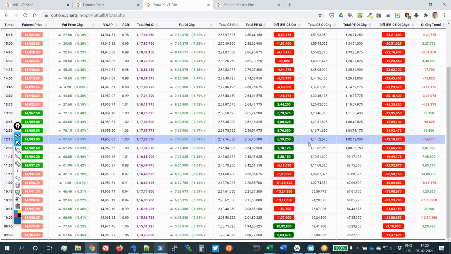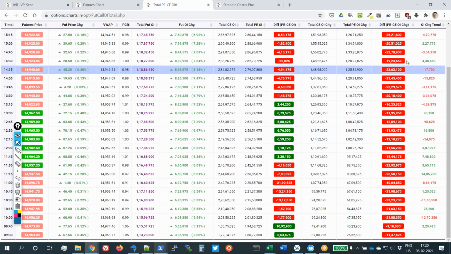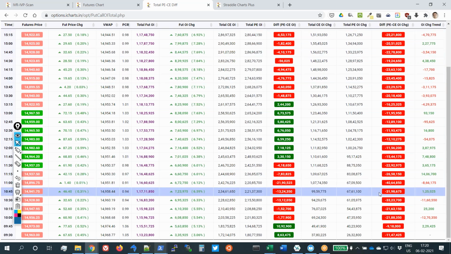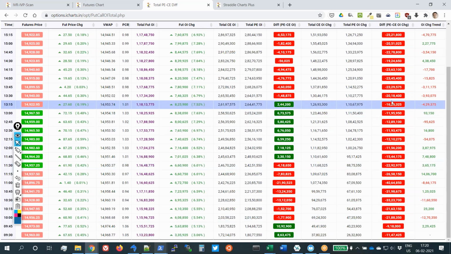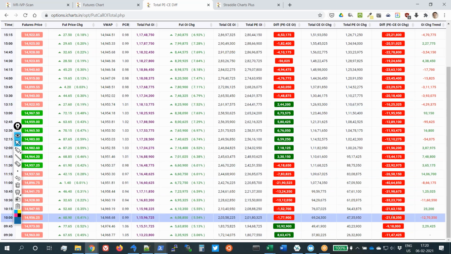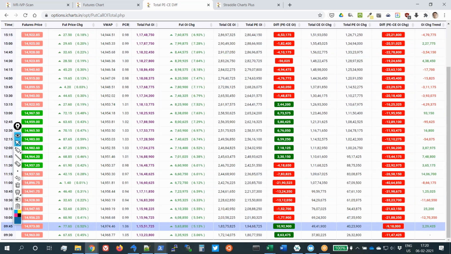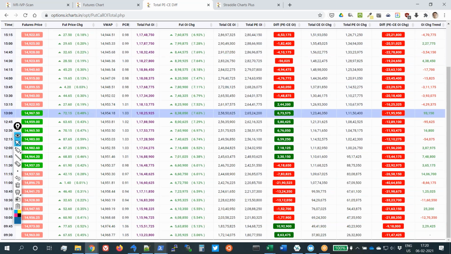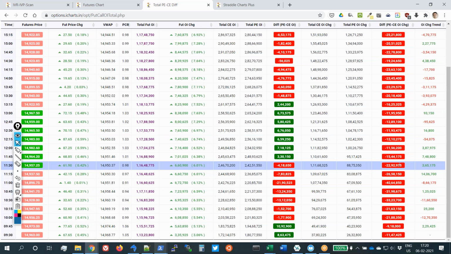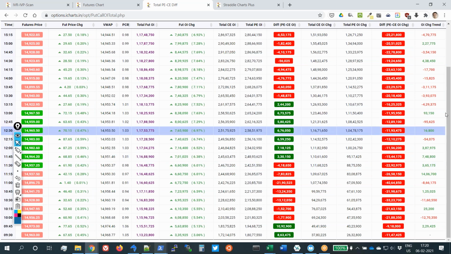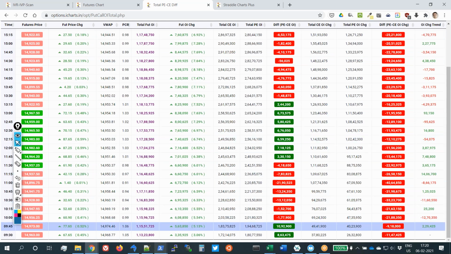Briefly, what I said is the most important thing is this column, the diff PCR change. That is the most important column you need to look at, but don't rely only on this. Look at the color of this column, and that is the direction you should be thinking in. Then the next important thing is the trend of this column.